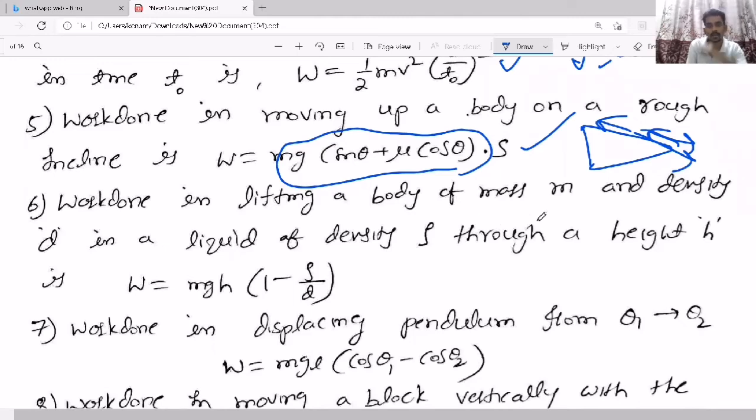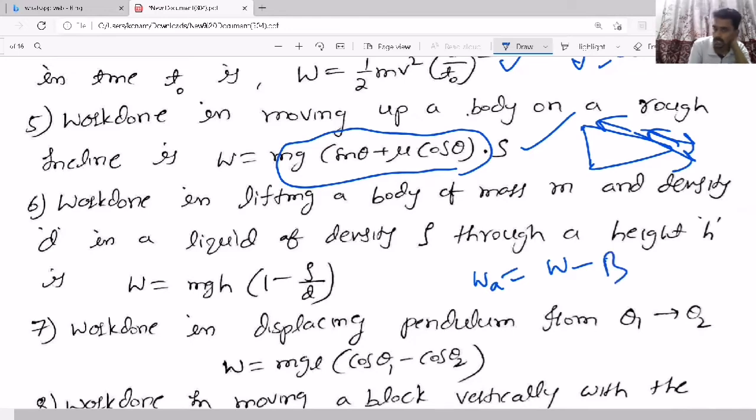Similarly, the work done in lifting a body of mass m and density d in a liquid of density rho through a height h. When it is inside the liquid, the apparent weight or the resultant force is the true weight minus the buoyancy force.